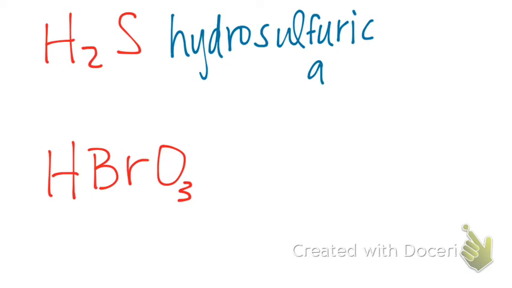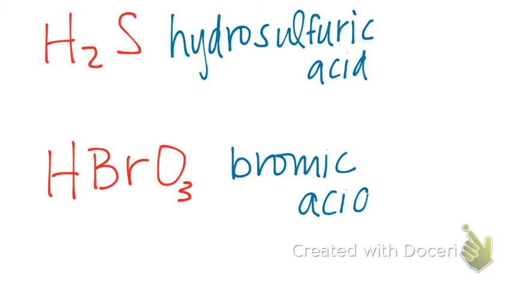Hydrosulfuric acid. Good. All right, Malia, what'd you have on the second one? Bromic. Good. So bromate was not one we had to memorize, but we could find it here on the table. Good. Okay, let's go now. Name to formula. Last couple here. Name to formula.